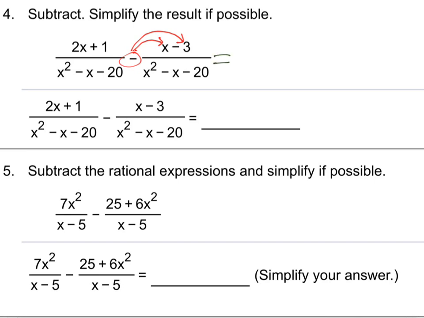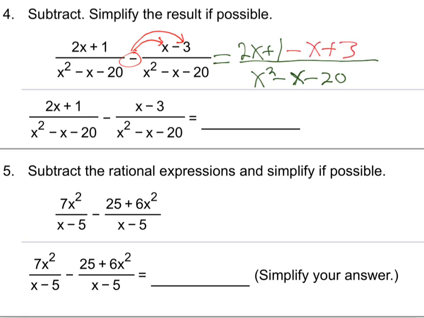So what do we get? So the denominator doesn't change. It's common denominator. We good to there? So then combine like terms up there. It's going to be x plus 4 on the top.